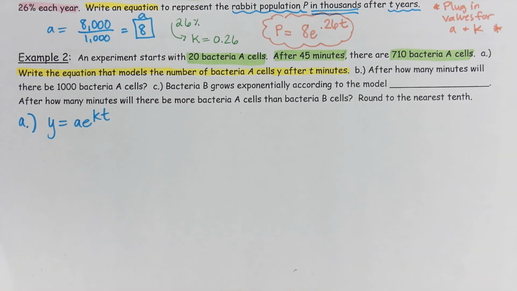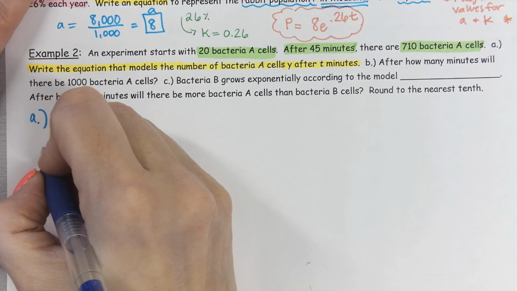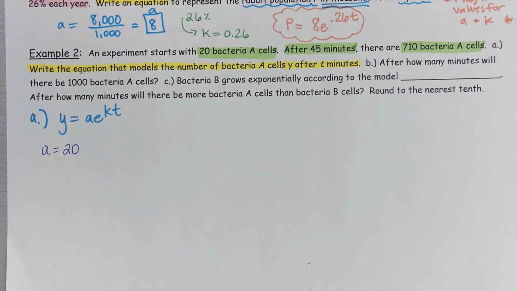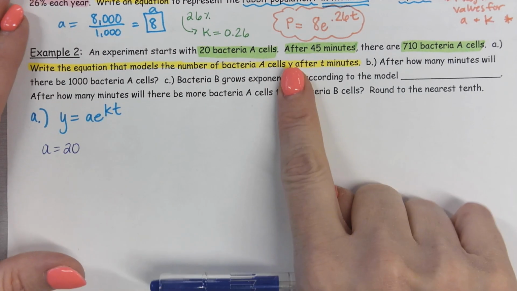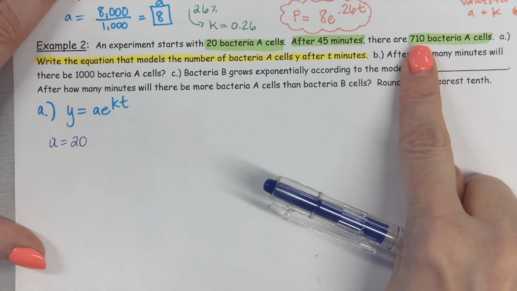But you may have noticed they do not give you a rate this time. So if they do not give you a rate, you are going to have to find it. You're going to have to find K. So what I like to do is start by organizing the information they did give me. If it starts with 20 bacteria, I know that's my initial value, so my A value is going to be 20. And then it says after 45 minutes, there's 710.